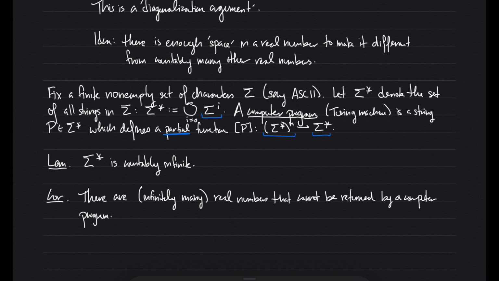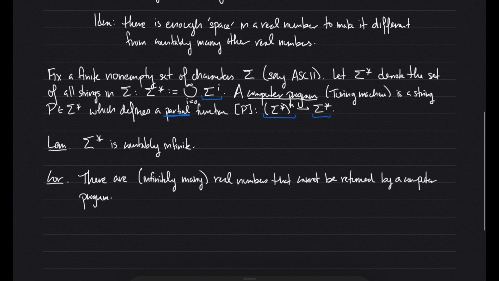So this might be surprising. You think you can certainly write a computer program that, given some input, could produce any real number. Given the right input, it could produce any given real number. But this is not true. There are many real numbers that just cannot ever be printed by any computer program on any input. And I think this is a really surprising result, and it just comes down to cardinality. There are just many, many more real numbers than programs.